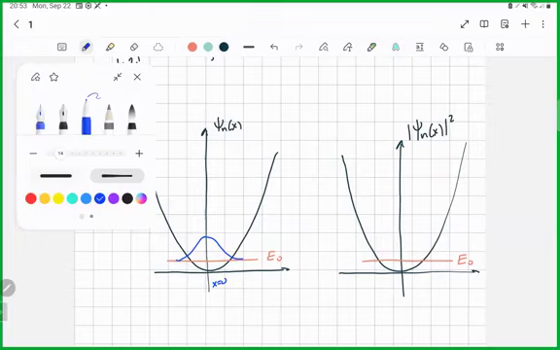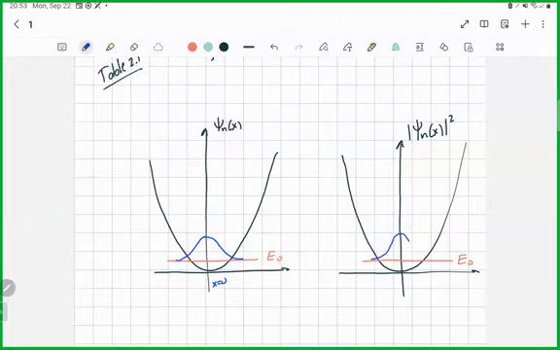So the square of the Gaussian is similar to the Gaussian, a little bit narrower, but it's still the same behavior, maximum at x0, which is telling us that if the particle is in the ground state, the maximum probability to find it is at x0.